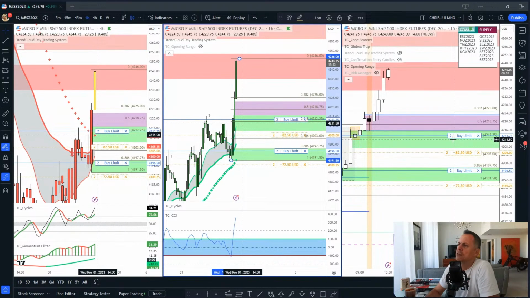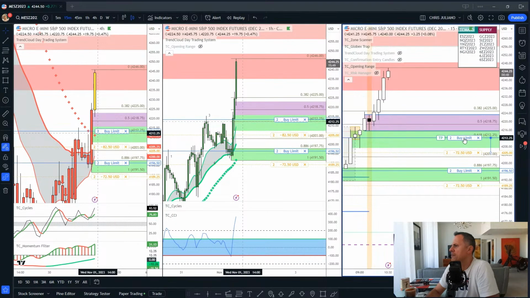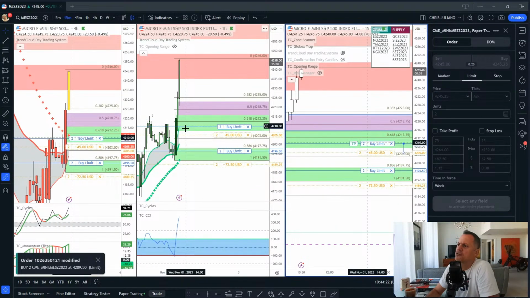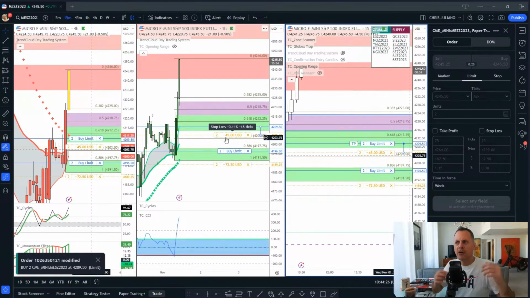But down here, a little lower, we've got the 618, which is right at the top of our trend cloud, right there. Right at the top of our trend cloud, 618 retracement. We have a cluster of support levels.